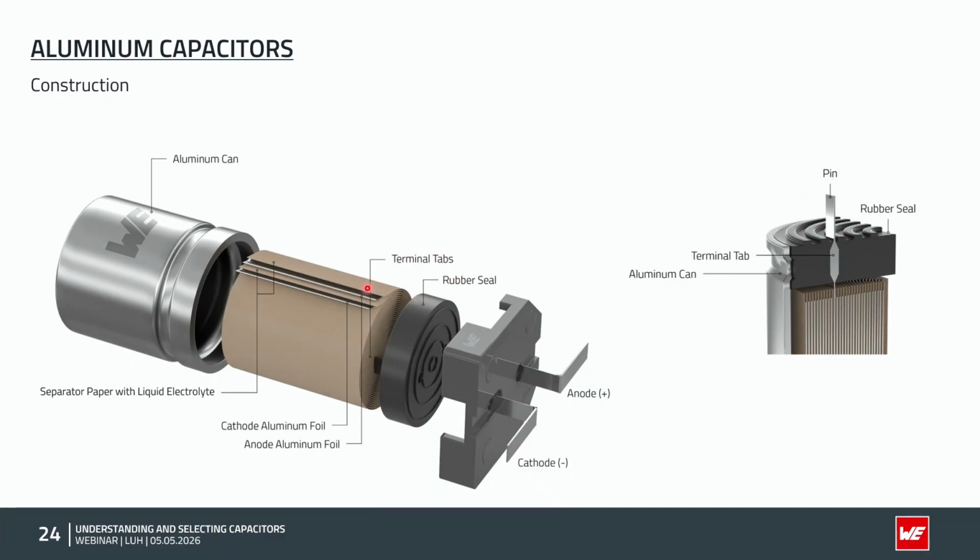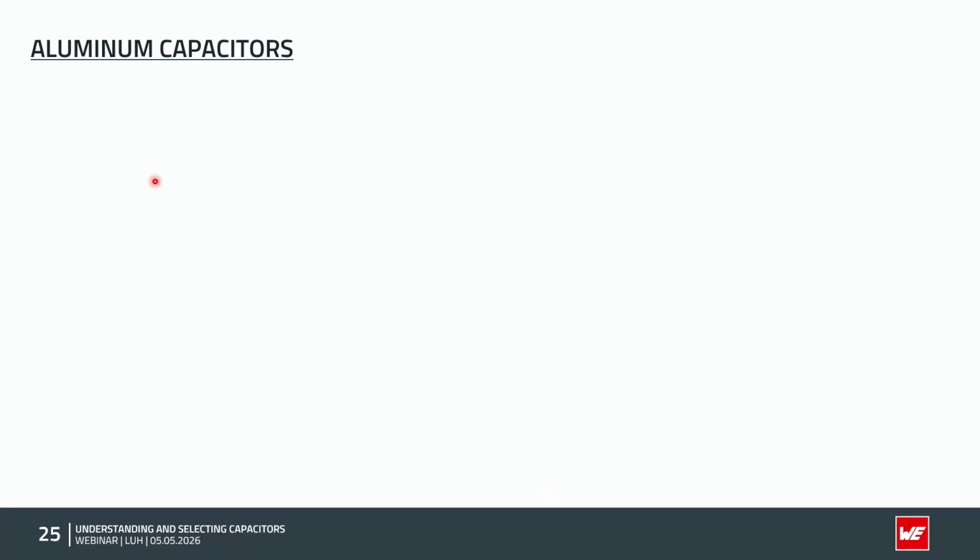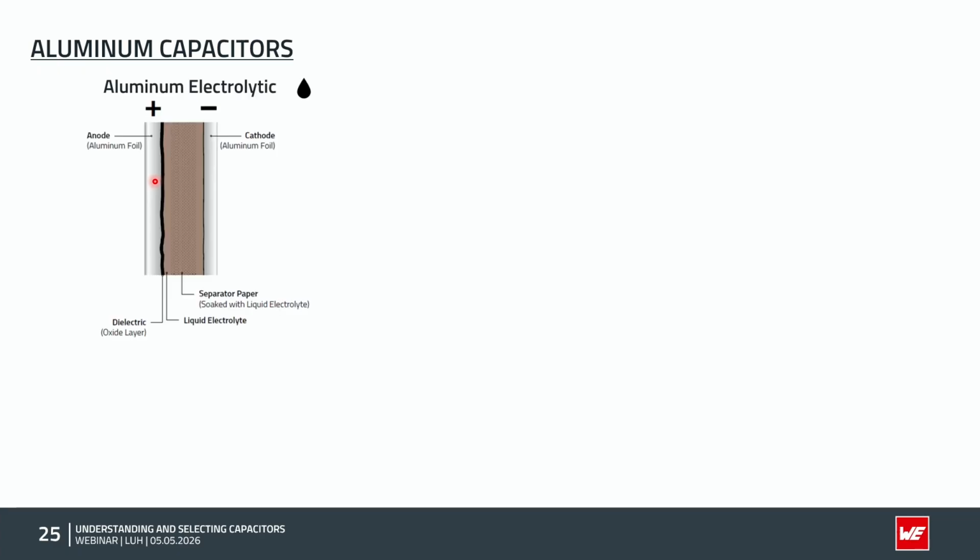It is then sealed with the rubber seal here and the aluminum can, to prevent these capacitors from drying out. Left-hand side is the anode material, right-hand side the cathode. We can also see this black layer, which is the oxide in between. Then we have some electrolyte here in the middle.